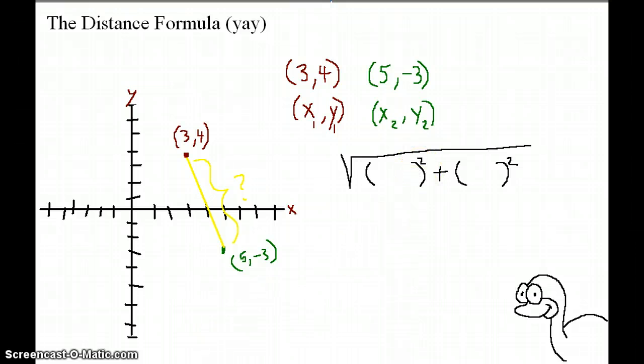So what is going on inside these quantities? Well, what's going on is we're going to have x2 here and y2 here. And over here we're dealing with x1 and y1.